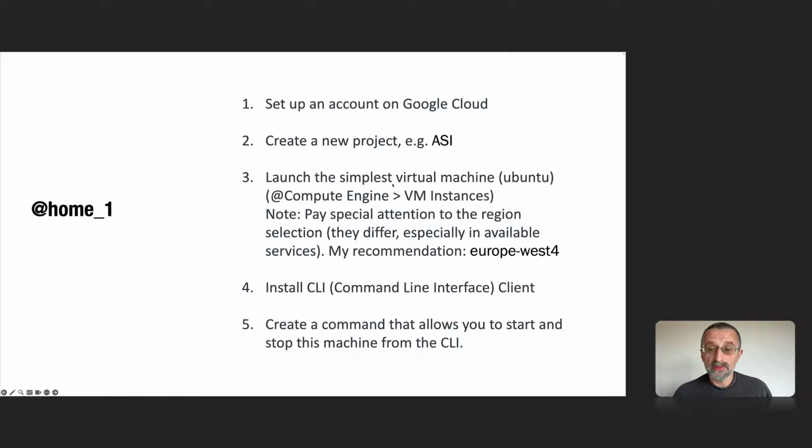Launch the simplest virtual machine on Ubuntu in Compute Engine virtual machine instances. Note, pay special attention to the region selection. They differ especially in available services. My recommendation is Europe West 4. Install the command line interface client for GCP services on your computer and create a command that allows you to start and stop this machine from the CLI.